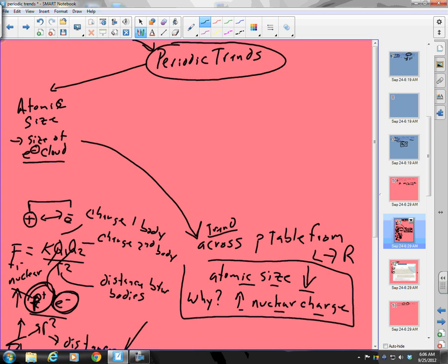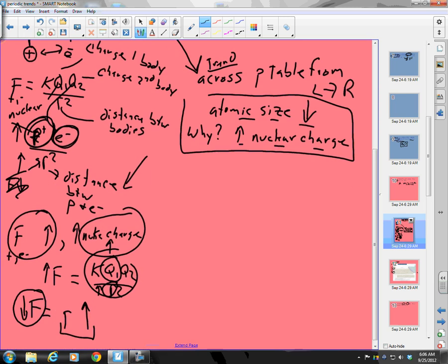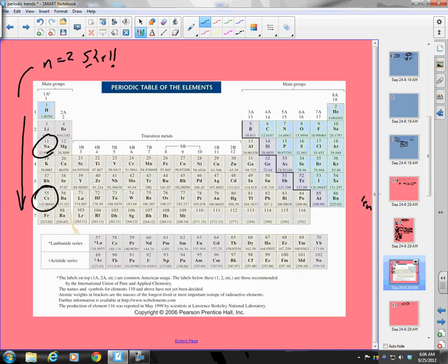Okay, let's get our next trend. Trend number 2. In atomic size, as I go down a group, what happens? Well, as I go down the group, notice what's happening. My protons do increase, okay, but that's not the main thing that's affecting us here. I go from period 3 to period 4 to period 5 to period 6, which means shells.